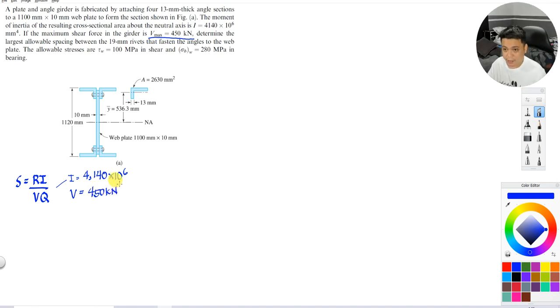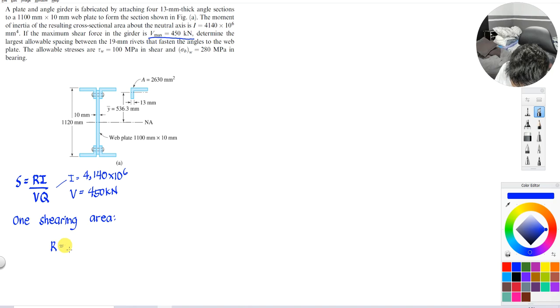Okay? Wala na lang akong R and then the Q. So, for the shear, okay? Isang shearing area, no? So, 1 shearing area. Okay, for one shearing area, so yung pinaka-R mo, that would become equals to shear stress multiplied by the area. For the shear stress, ilan yung ibinigay? 100 megapascal.